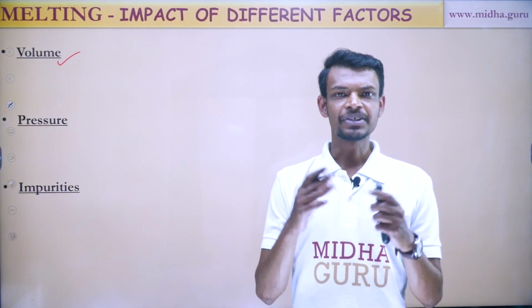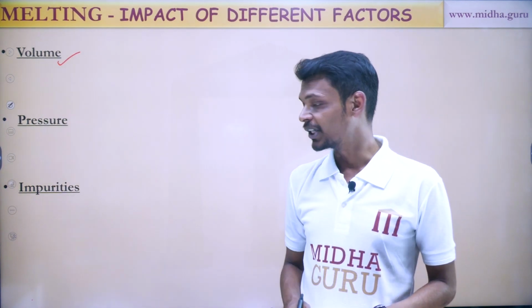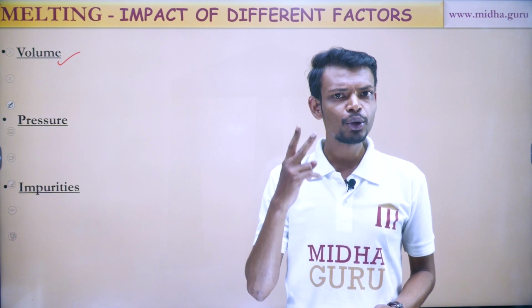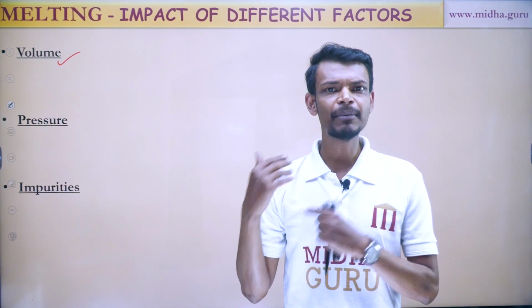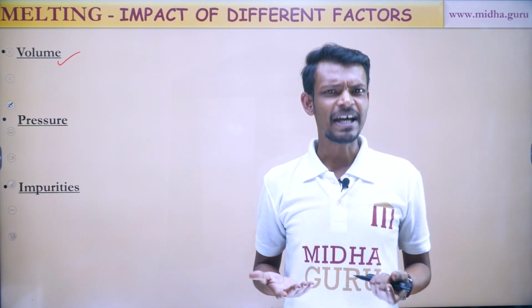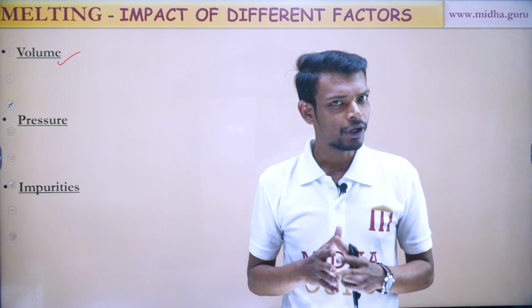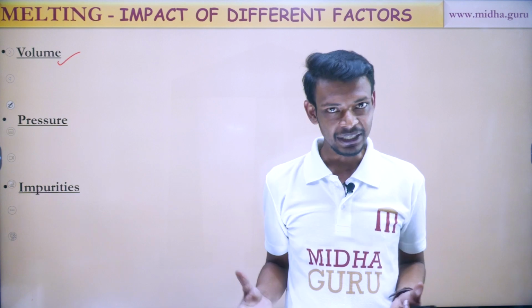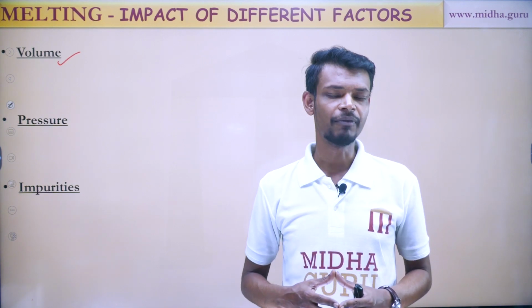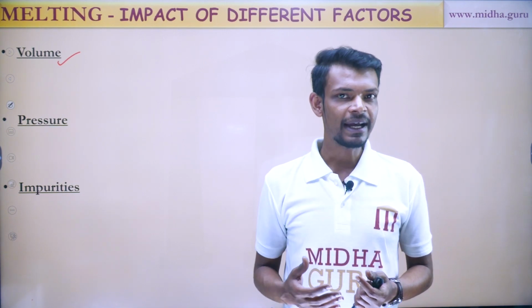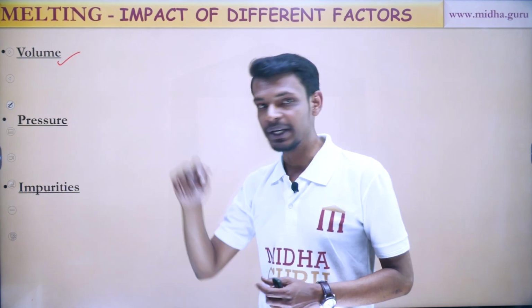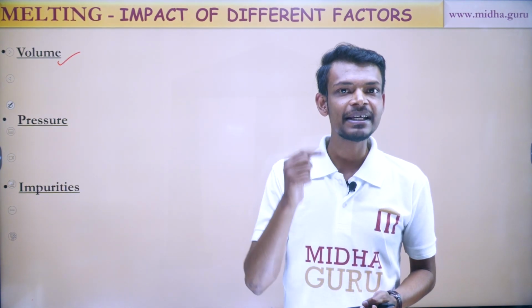Next, when it comes to the impact of pressure on the process of melting, there are two things you have to keep in mind. There are some solids which contract on melting, for example water, and there are some solids which expand on melting. For a solid which contracts on melting, increasing the pressure leads to a decrease in the melting point.